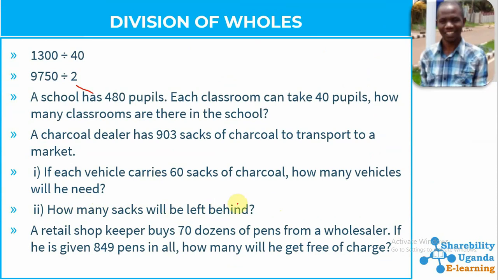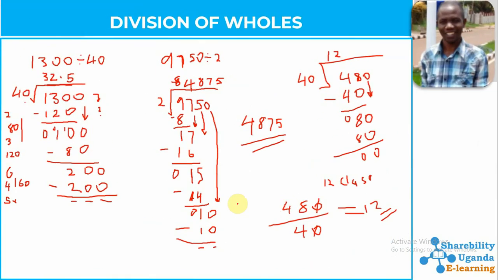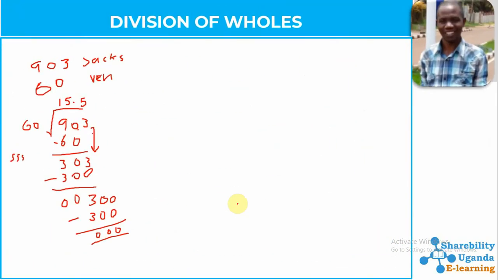For us to get the number of sacks which are left, we say 15 times 60. This is the same as 15 times 6 with a zero. 6 times 5, we get 30.